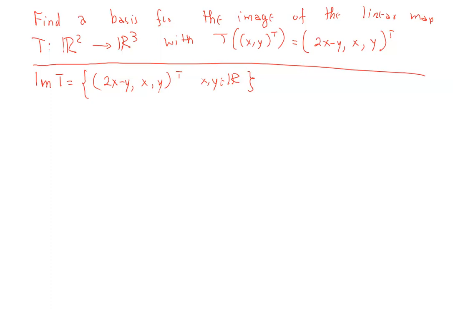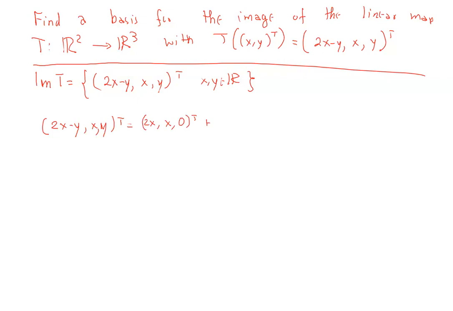So this is the typical vector in the image. And all you need to do is separate the unknowns. However, as you're going to see, more often here you will be getting generators that are not linearly independent. So what do you do in such cases?